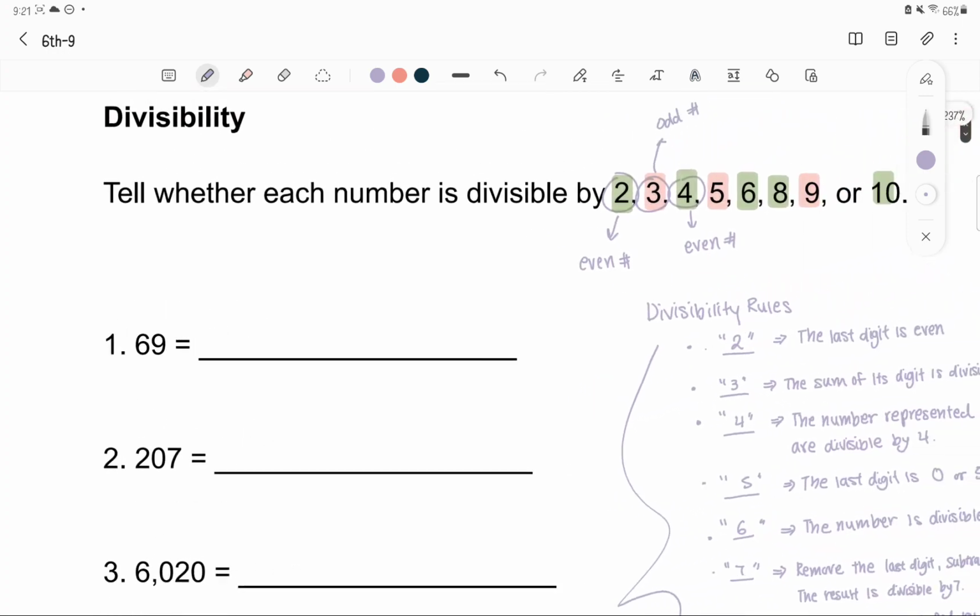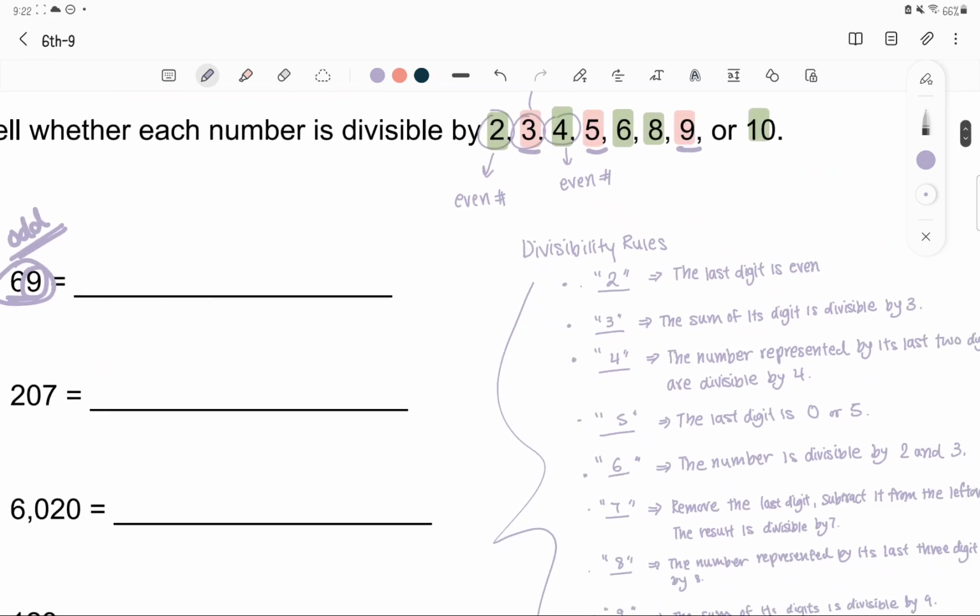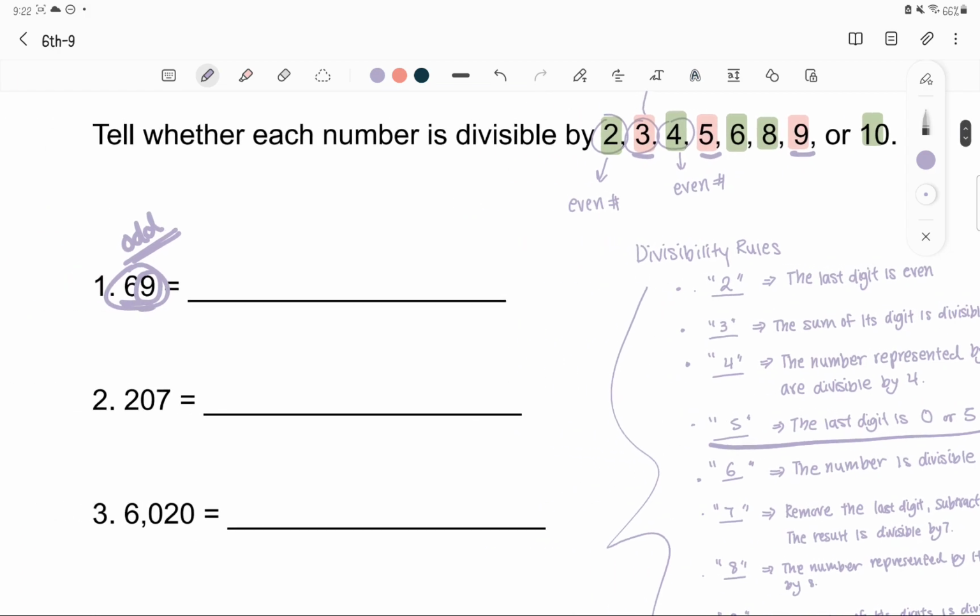So for number 1, it's 69, right? But notice that the end number, 9, makes the number itself an odd number. So that means we have to find the factors from 3, 5, or 9. So 5 is definitely no, because the last digit has to be 0 or 5, but the last digit is 9.